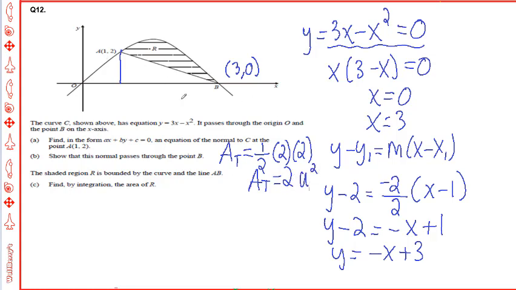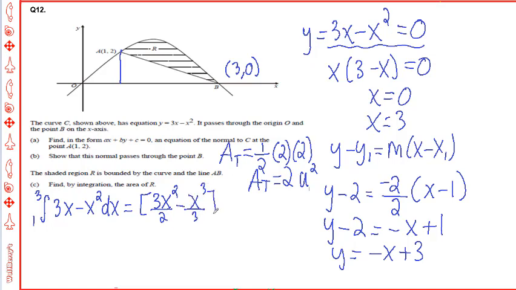To find the area under the curve, we simply integrate. So it's going to become the integration between 3 and 1 of our curve. Very simple integration. dx. That's equal to 3x squared over 2 minus x cubed over 3 between 3 and 1. That means you substitute 3 minus you substitute 1. Start by putting 3 inside.